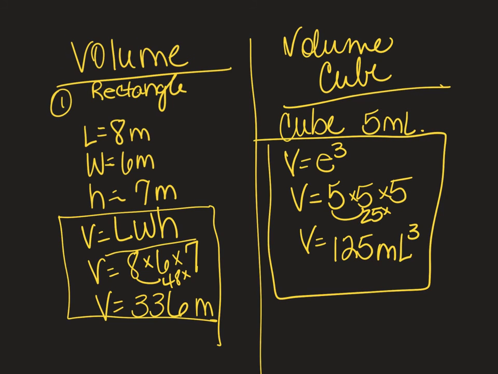Any questions on how you do these? You think you got it down? All right, so you're going to do page 204 and 205. So pages 204 and 205, you're going to do 1 through 6 all. Okay, so that's 6 problems. That's 3 of the rectangular prism and 3 cubes.